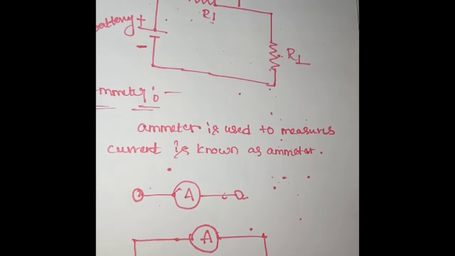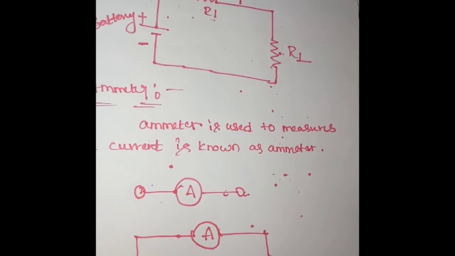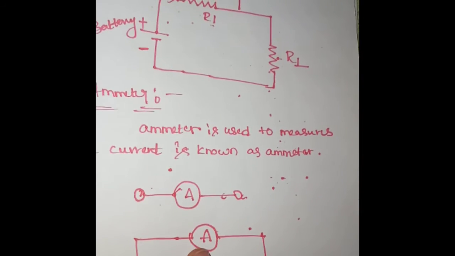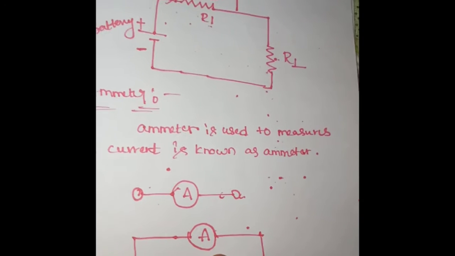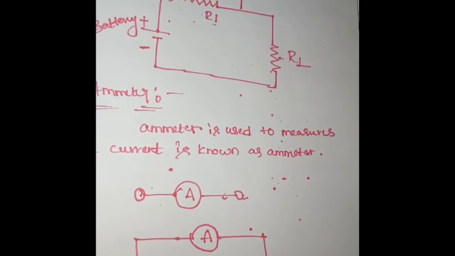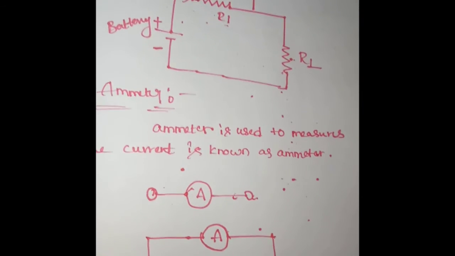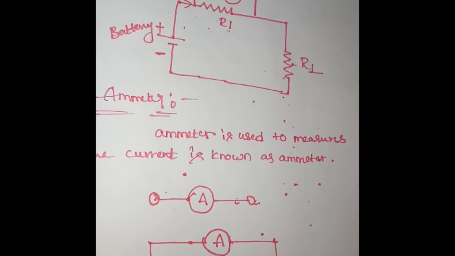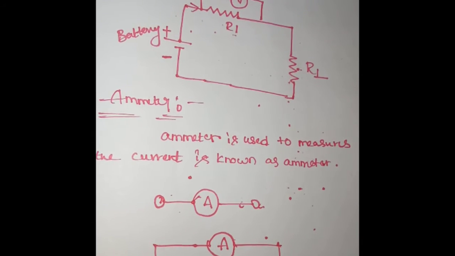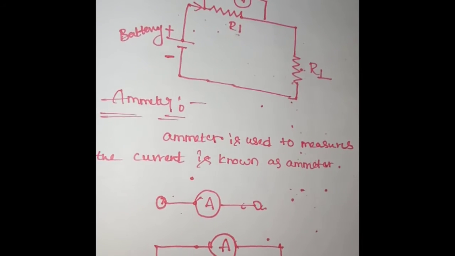First, the whole measured current passes through the ammeter, and a low voltage drop occurs in the ammeter. These two points explain why low internal resistance is used in the ammeter. In electronics, many ammeters are available, like permanent magnet moving coil ammeter, moving iron ammeter, rectifier ammeter, like this.